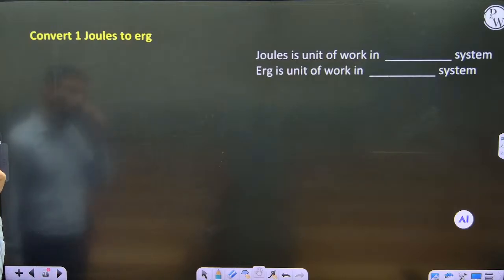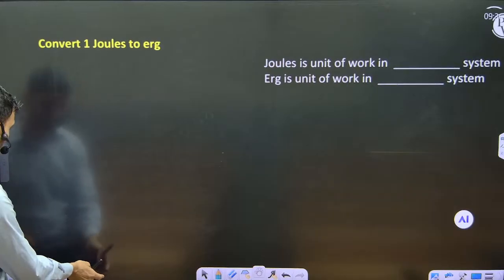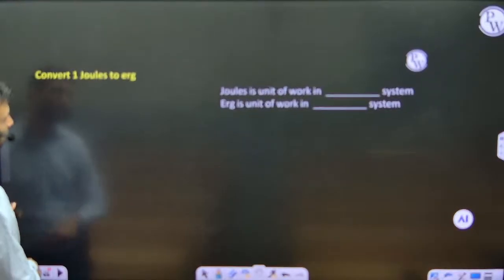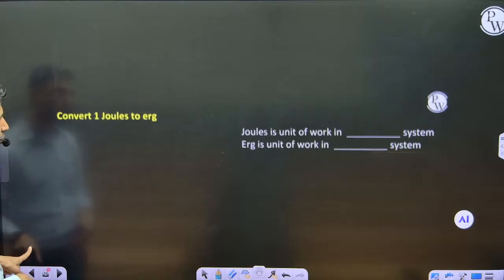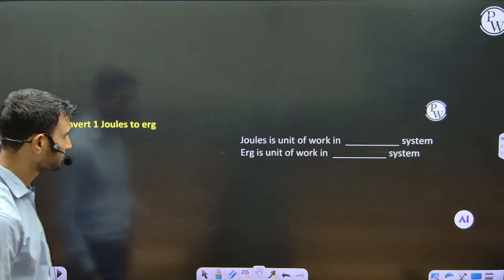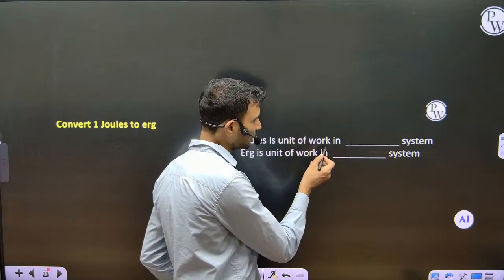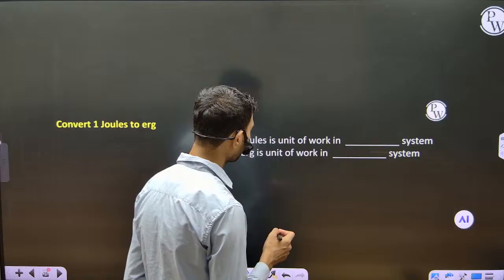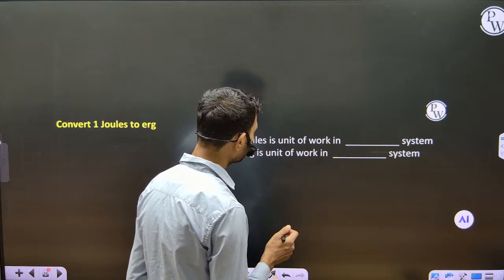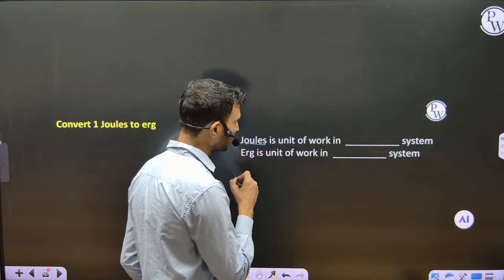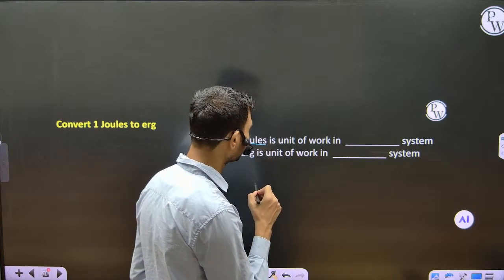So similarly, you can try this 1 joule and erg relation. What is it? So how are joule and erg related? Let's see. 1 joule is the unit of work in which system?